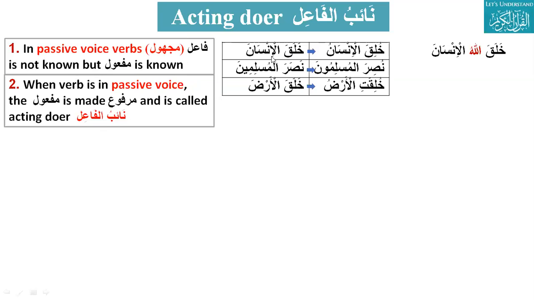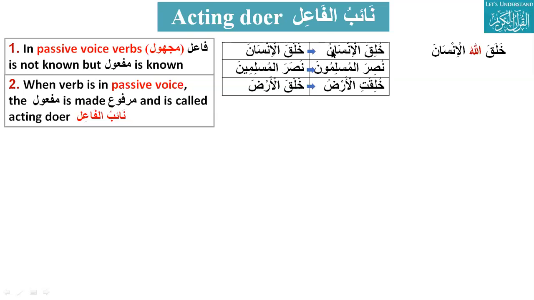If we want to make it passive voice, khalaqa will become khuliqa. Before, in khalaqal insana, insana was maf'ul. Now when I make it passive voice, it will be khuliqal insanu. So what is the change there? This active verb changes into the passive verb khuliqa, and this insan becomes marfu', with a dhamma.